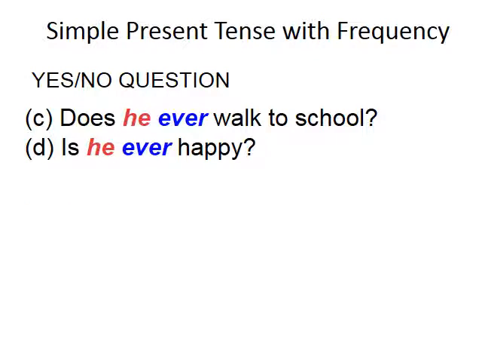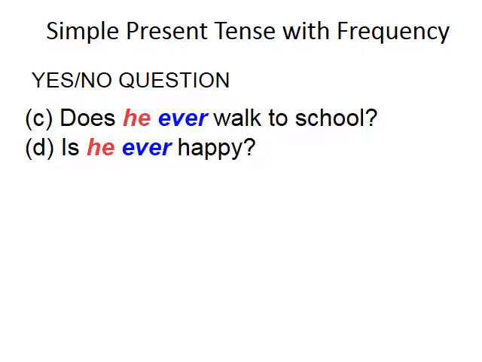So let's look at making questions for the simple present tense with frequency. The yes/no question is formed with the word ever. When we want an answer of yes or no, we will use ever in the question. The way that we'd form it with a regular verb, we have the helping verb do, then the subject, and then ever comes after the subject before the main verb.